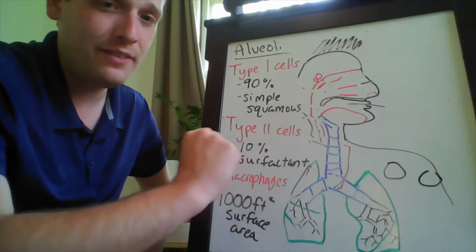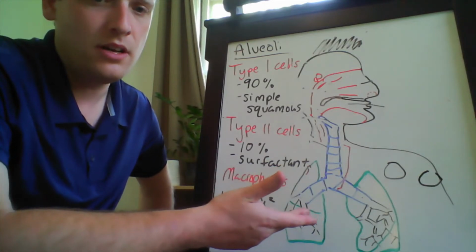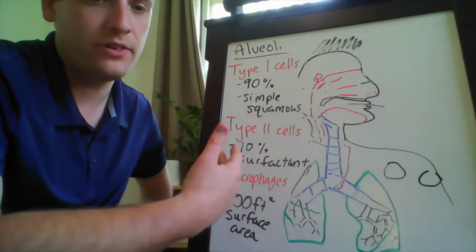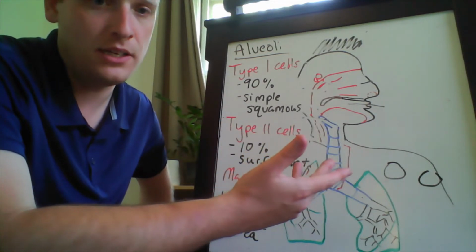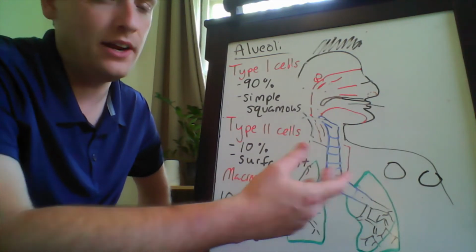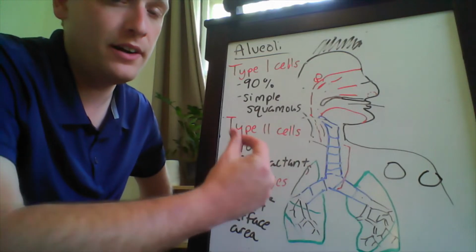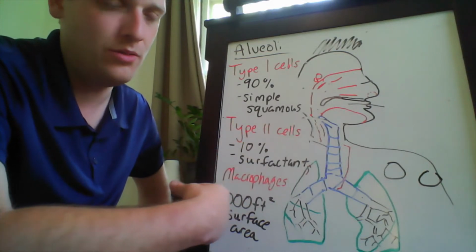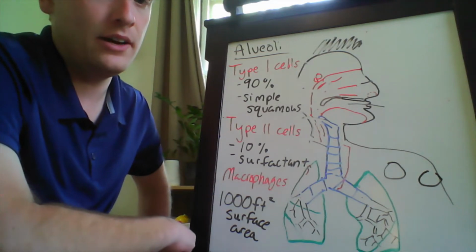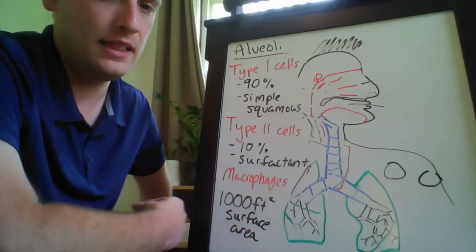So this is a very, very thin layer of cells, and that relates to its function of allowing gas exchange. In order for gas to diffuse out of the blood and into the air in your lungs, or from the air in your lungs and into the blood, it makes sense for it to have a very thin layer of cells to cross. Having this simple squamous layer of type 1 cells achieves that goal.